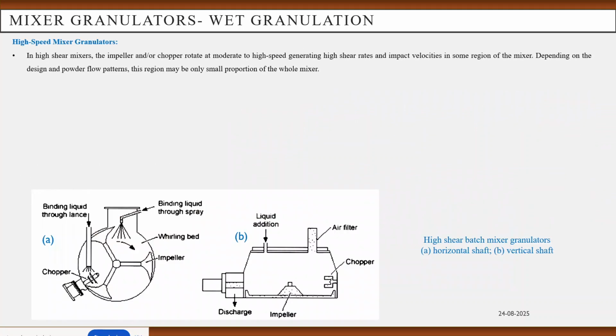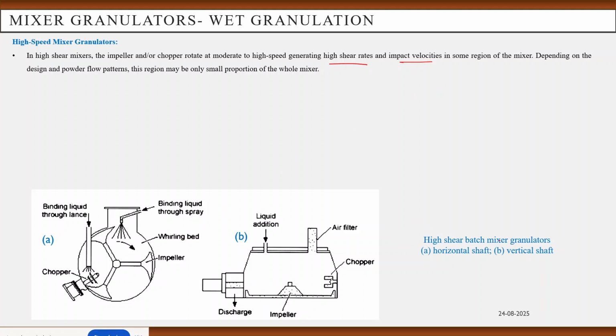Now we are going to discuss the high speed mixer granulator, here the high shear mixer. Here the impeller or the chopper rotates at moderate to very high speed, generating very high shear rate and impact velocities in some region of the mixer.